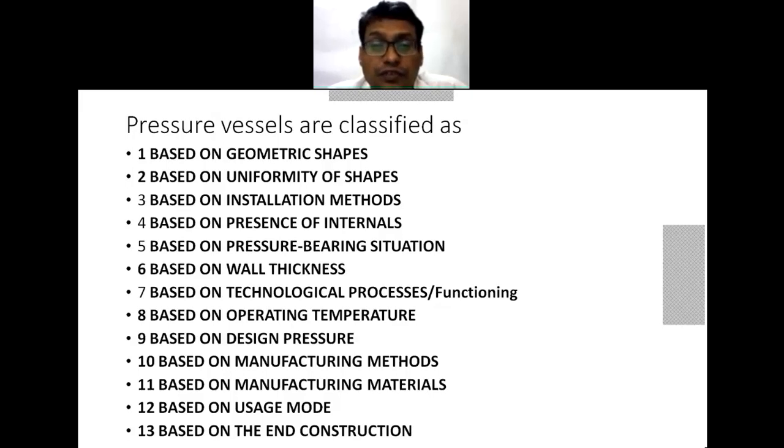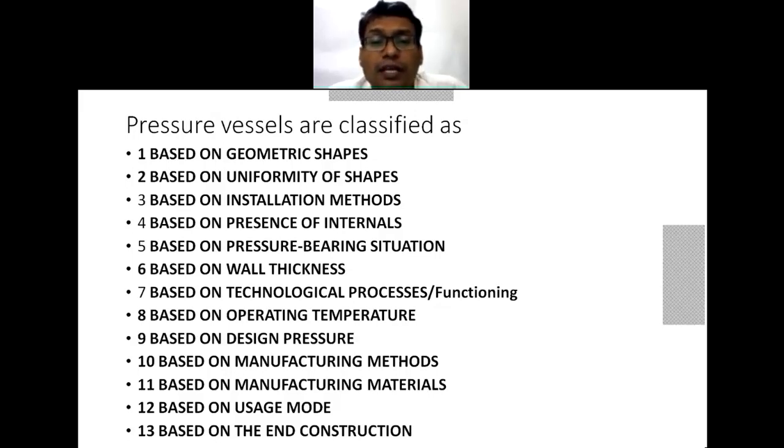Another classification can be done based on the operating temperature, that is whether it's low temperature, moderate temperature, high temperature, or very high temperature. Similarly, based on the design pressure: low, under vacuum, moderate pressure, high pressure, and very high pressure.